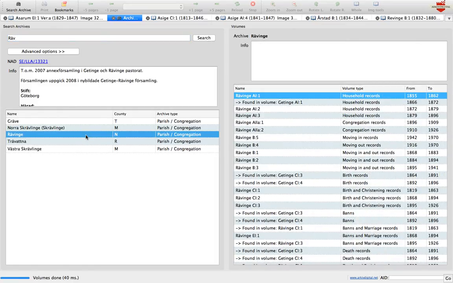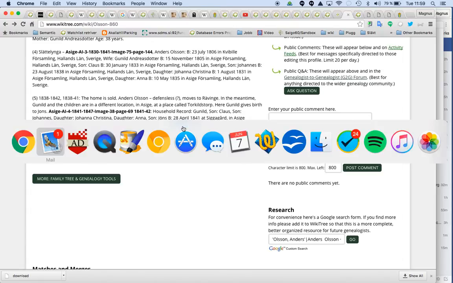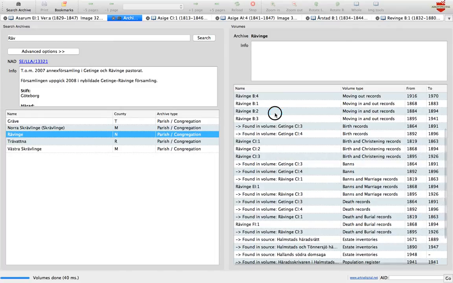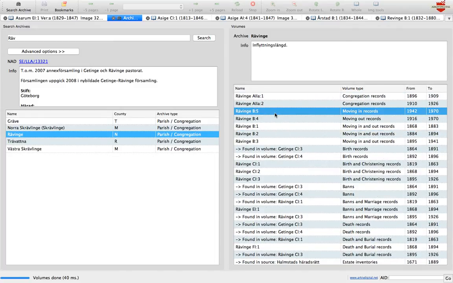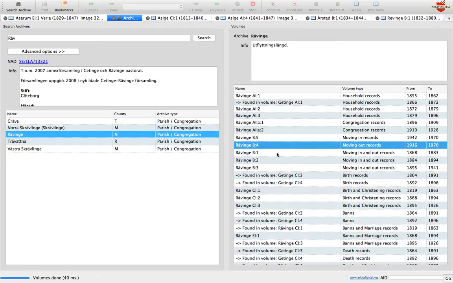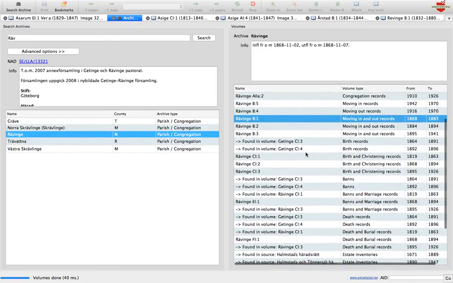No, it's Ravinge. It's an a with a dot. So now we are in 1847, and then we have moving in. And they don't have books. Do we love them or do we hate them? Rävinge. Why don't they have books?